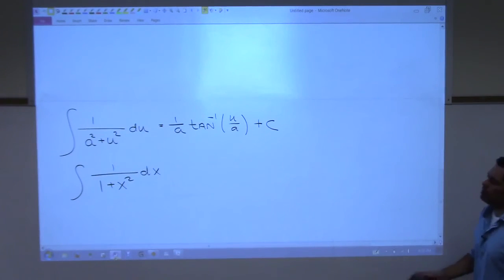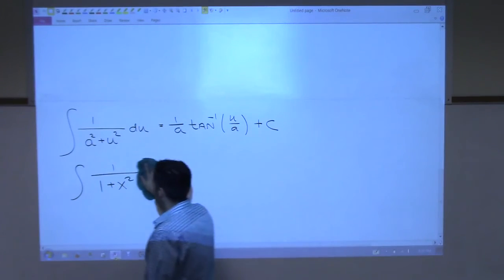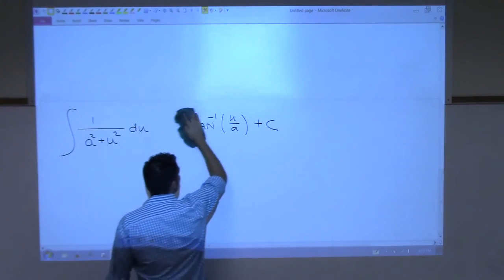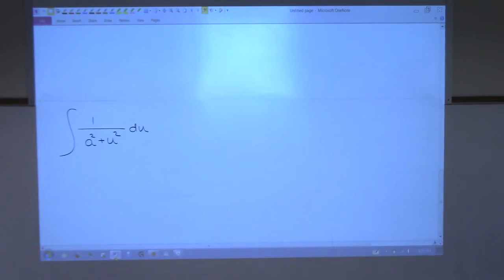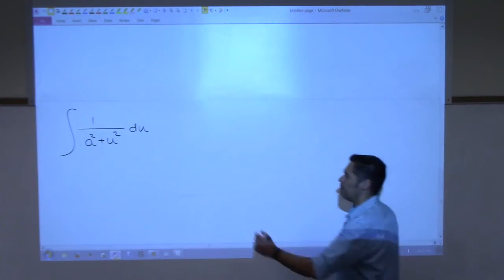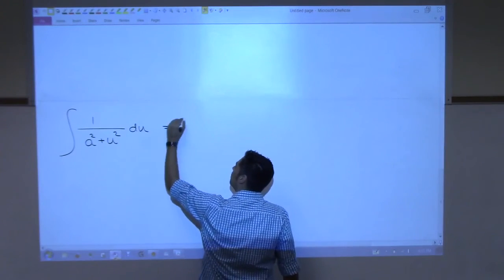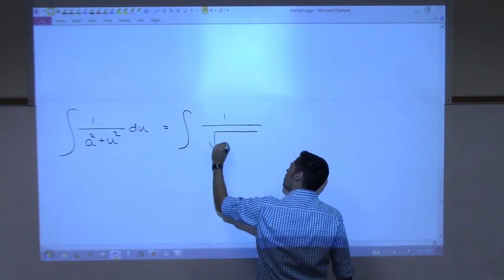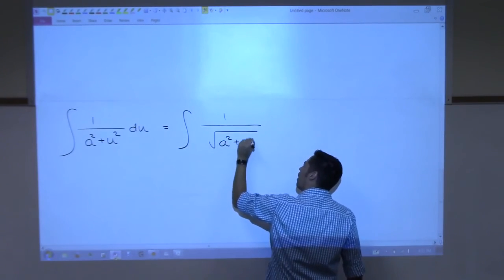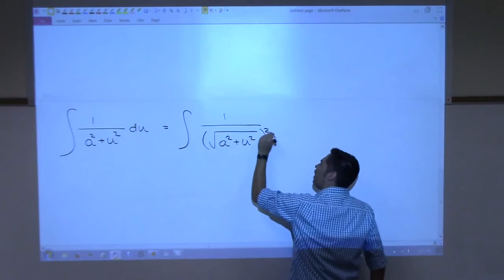Where does that formula come from? Well, here's where it comes from. We're going to look at that integral, and we're going to use trig substitution. Okay, here it is. I'm going to rewrite this as 1 over the square root of a squared plus u squared, squared.